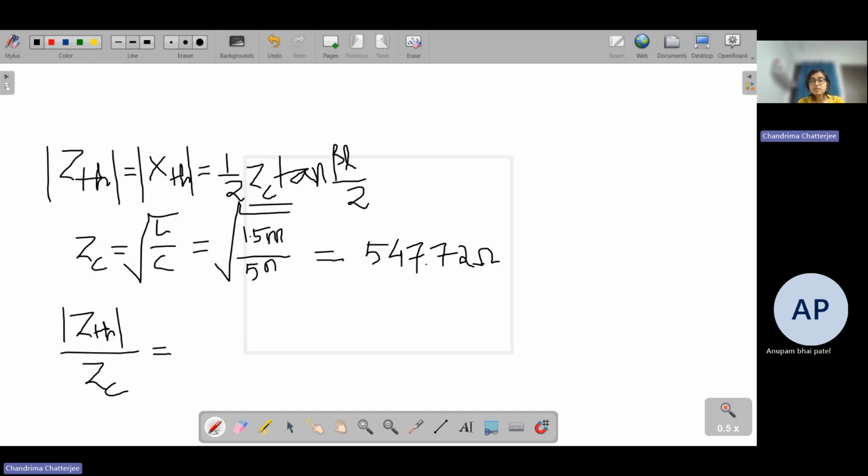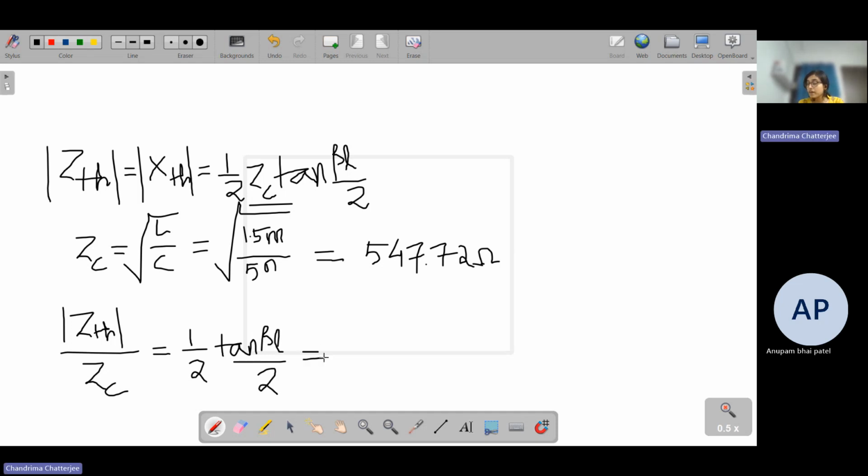So that is simply half tan beta L by 2. Beta L by 2. Okay.